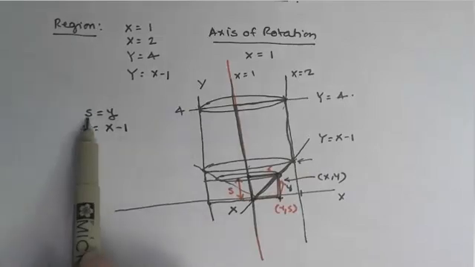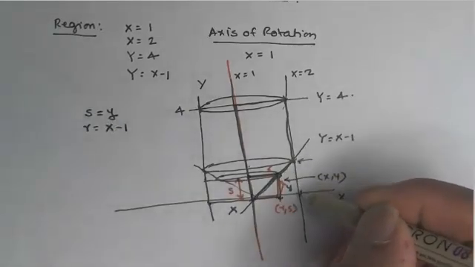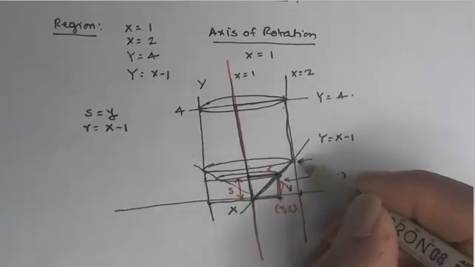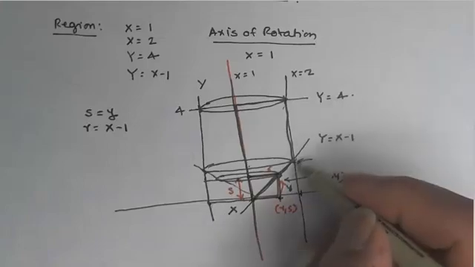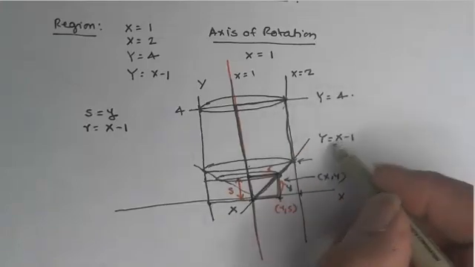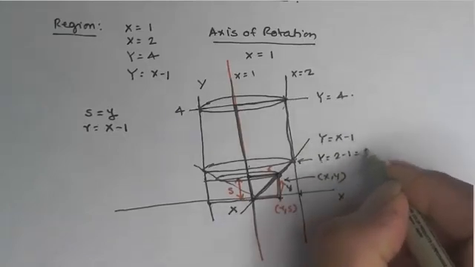Now, since s equals y, for all values of y from here to here, the point is on this line. So let's first figure out what the y coordinate of this point is. At this point, x equals 2, therefore y must equal 2 minus 1, which is 1.